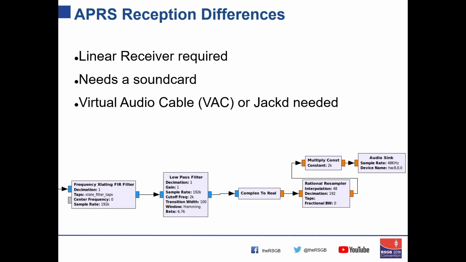We multiply it by a constant to get an amplification and send it out to the sound card. On the other side of that sound card, there's the virtual audio cable, which you then connect to your software decoder.